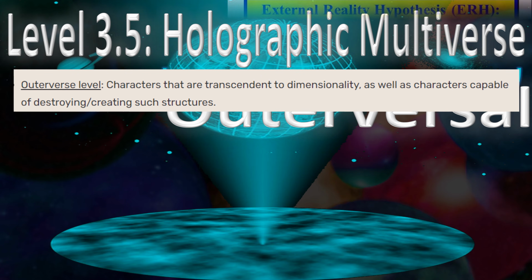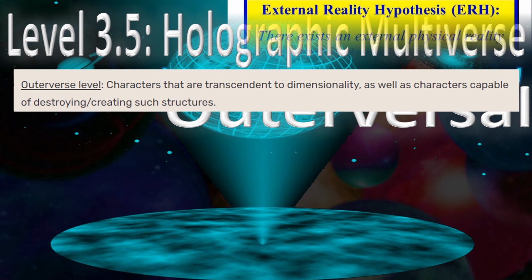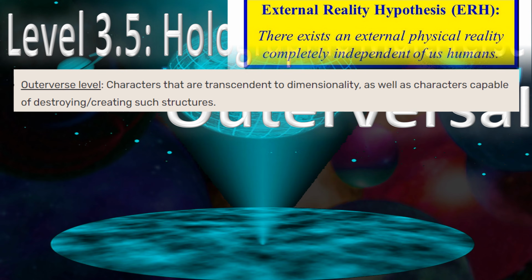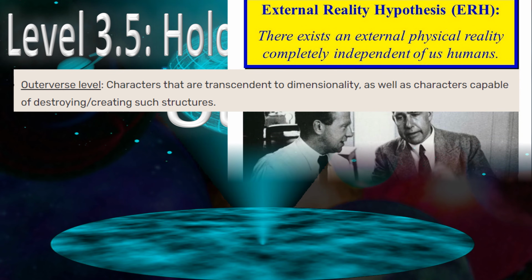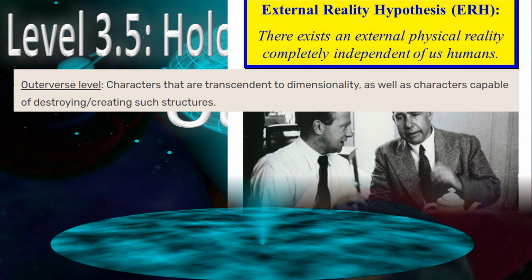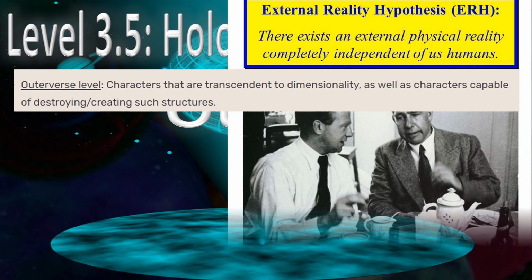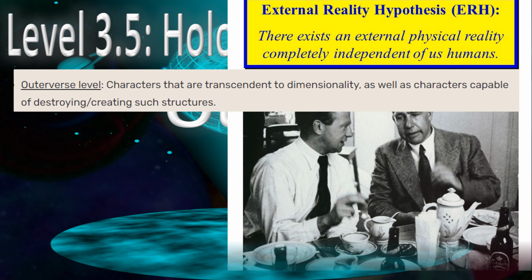Instead, it uses the external reality hypothesis, a more generalized form of what an outerversal definition should be. The external reality hypothesis in a general term is just to be unbound by everything that can be currently explained in reality. So that is why it is beyond all dimensions, beyond any concept of dimensionality, any sort of stacking you can imagine. The holographic multiverse should be beyond that.